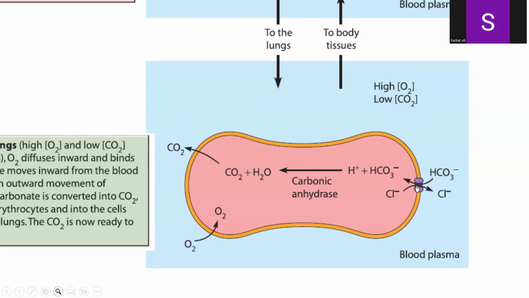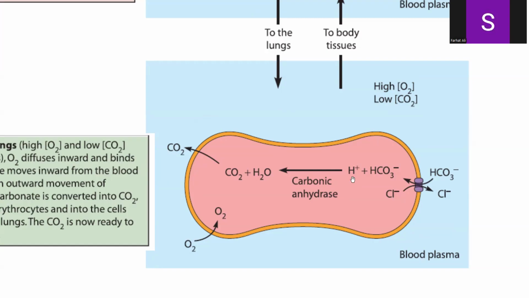As bicarbonate ions are imported into the red blood cell, chloride ions will be moved out of the cell, and that will regulate the total number of ions in the cell. That is important for, number one, regulating the electrical neutrality of the cell. That is, the total number of negative charges should be equal to the total number of positive charges.